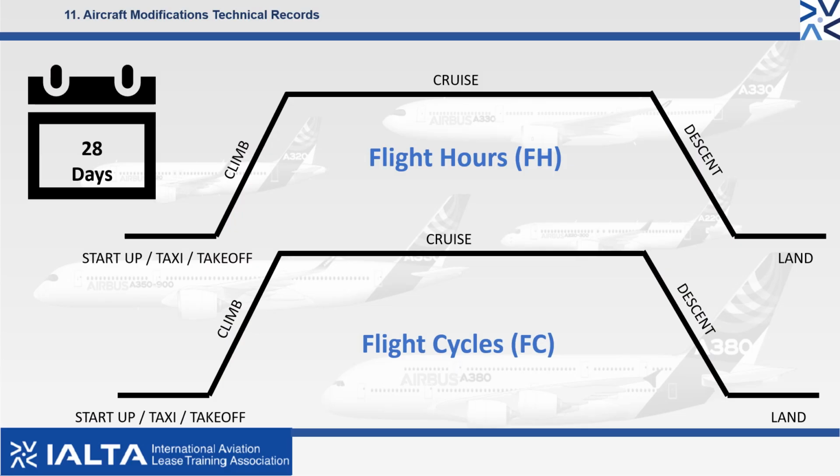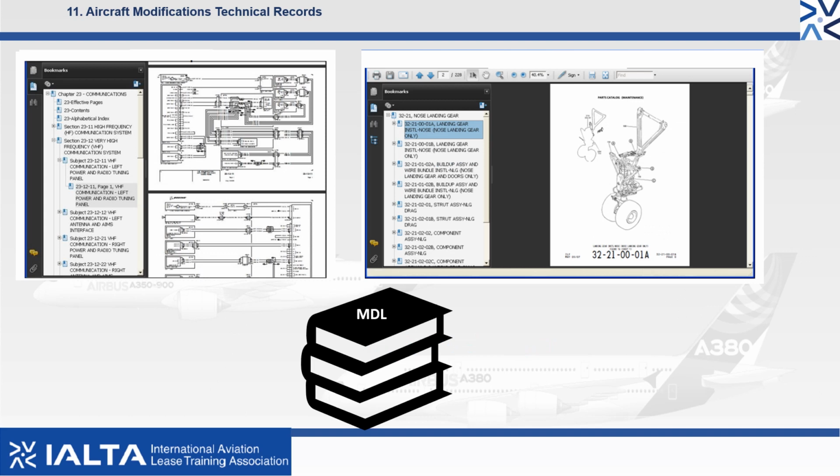The modifications review also involves checking the hours, cycles, and date that the modification was performed. The Master Data List, or MDL, and all documentation listed is reviewed, including the mod manuals, mod wiring list, and mod installation instructions.